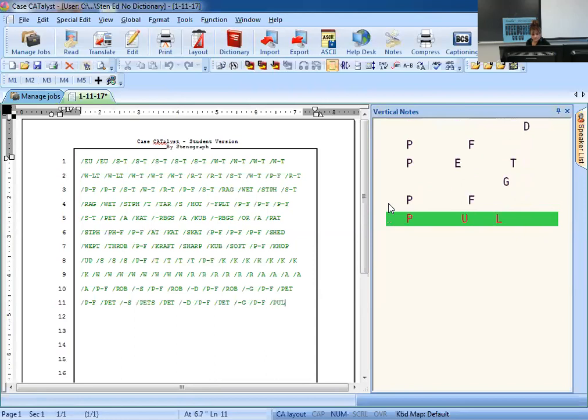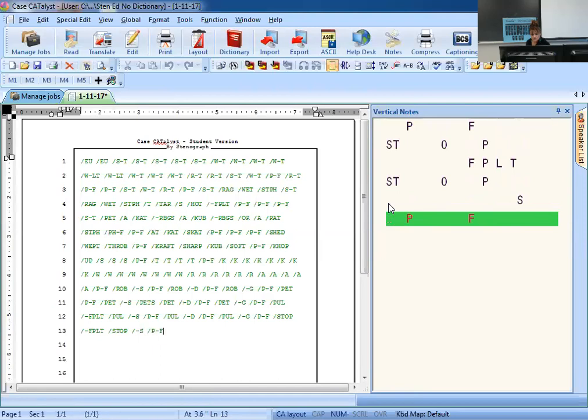Pull, P-U-L. Pulls, P-U-L, come back final S. Pulled, P-U-L, come back final D. Pulling, P-U-L, come back G. Stop, S-T-O-P is the root word. Stops, come back final S. Stopped, come back final D. Stopping, come back final G. Very important that you know that all these endings are on the right side of the machine. The word you write first, the ending is on the right side because it's a word ending, okay?